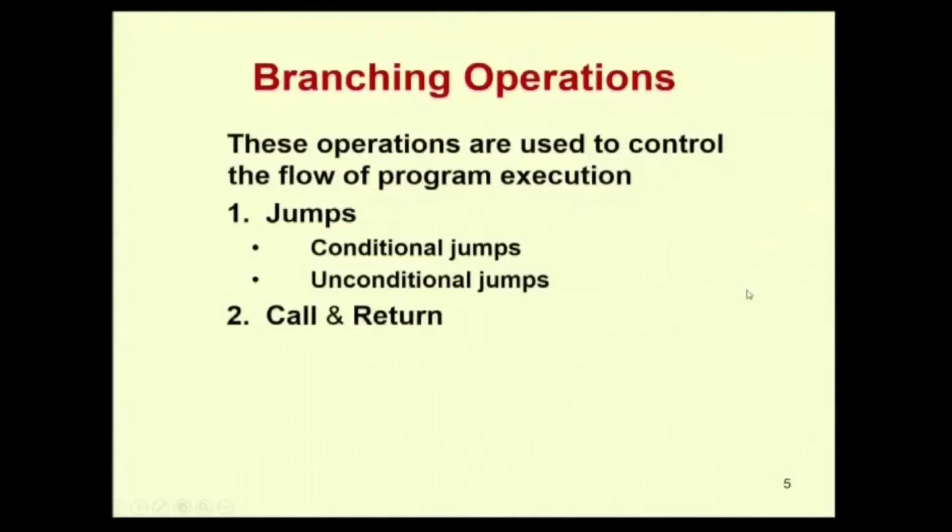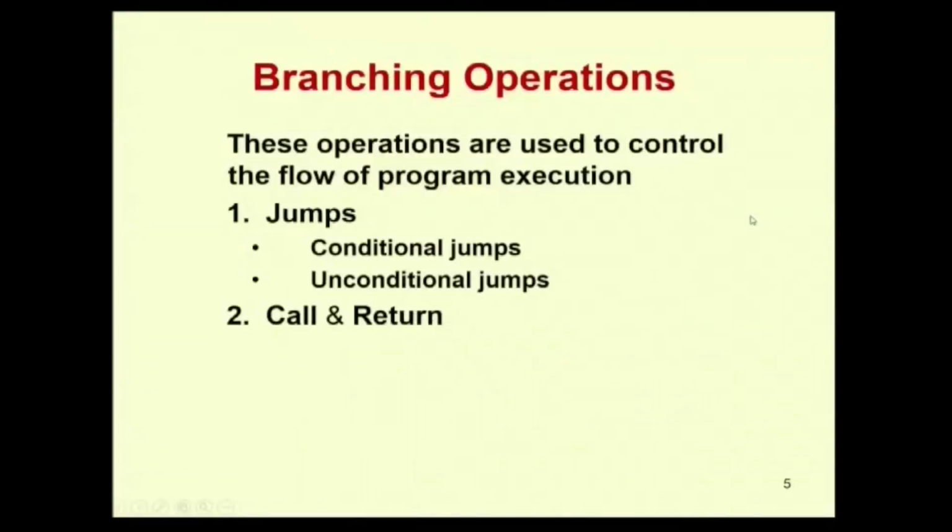Another type of jump is called call and return. The call and return instructions are used for calling subroutines. Subroutines are subprograms that are used frequently. For example, 8085 does not have a multiply instruction.